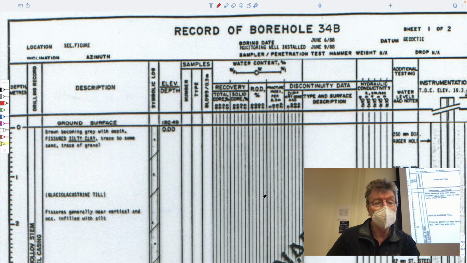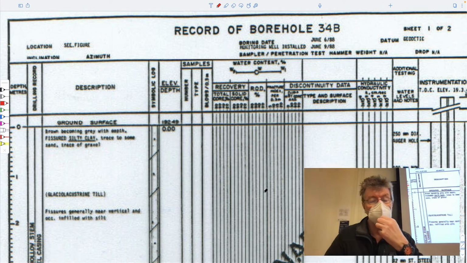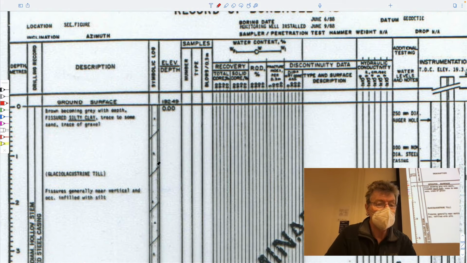But the idea is that you'd record much of the information of the drill hole so that someone else, perhaps doing a later design, can use that information to figure out exactly what's going on in the subsurface. And so the things that you would record are things that would make sense to you, that would be able to define that behavior.